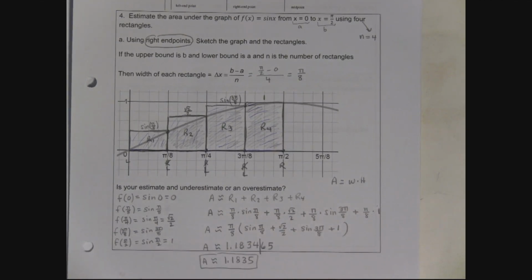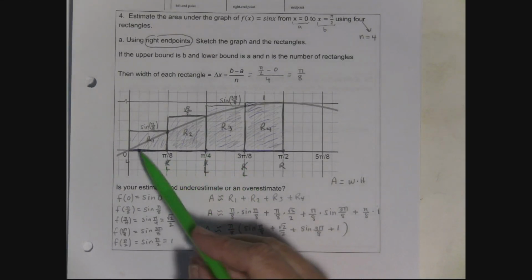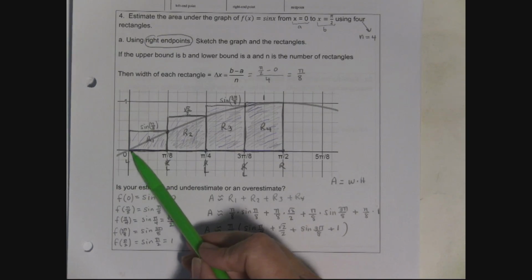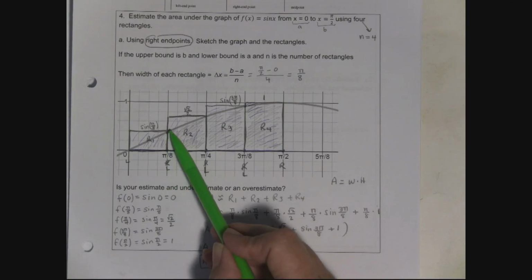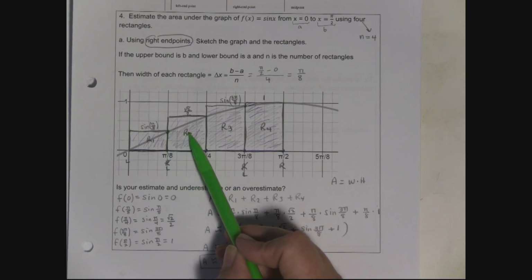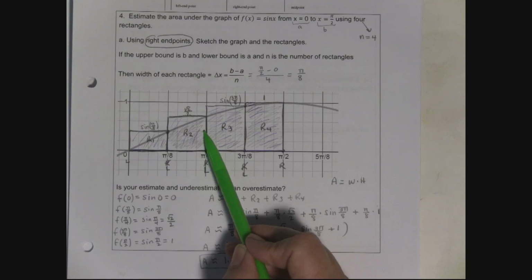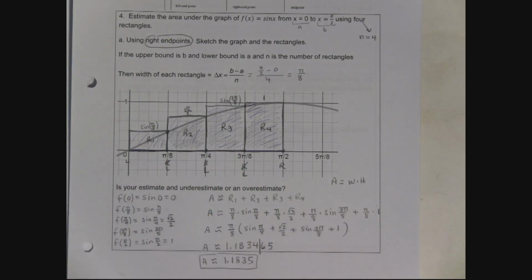This problem was part A. Part B was to do the same thing, but instead of using the right endpoint, to use the left endpoint. So we would have a rectangle here that has a height of 0 if we did that. And then the next one would have a height of sine of pi over 8, etc. And then part C asked you to use the midpoint.